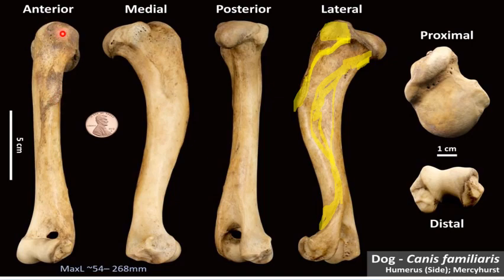The crest of the greater tubercle passes medial to the deltoid tuberosity, and finally it reaches the musculospiral groove. In this way it forms the crest of the humerus, which is the prominent border that can be seen on the cranial surface of the humerus.